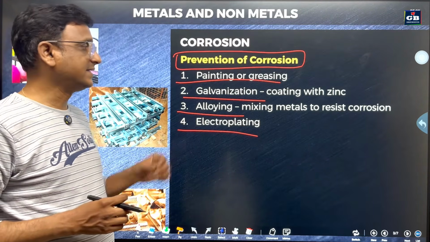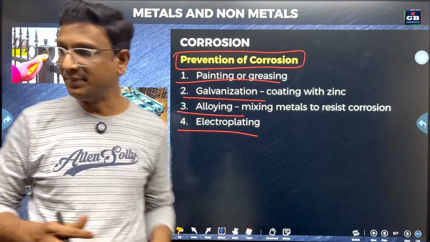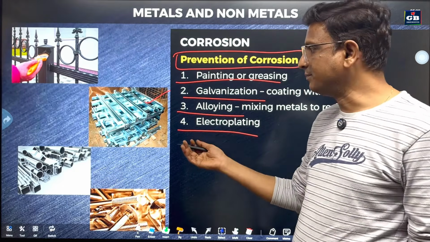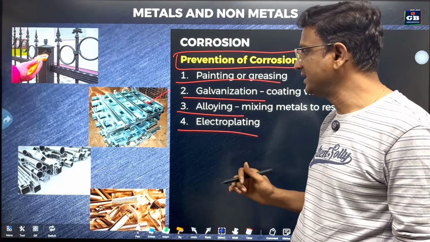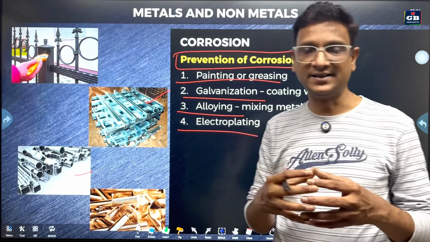The second thing is galvanization, that is coating with zinc. Here in the picture you can see galvanization. The iron objects are coated with zinc, so it gives protection from corrosion. Third one is alloying. Alloying means mixing of metals.